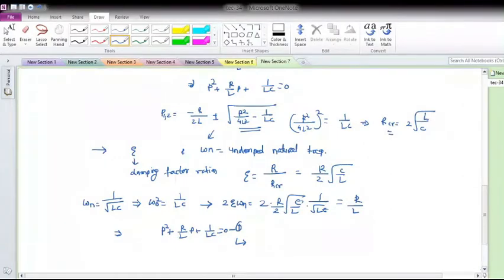So p square plus, with R by L replaced by 2 zeta omega n p, plus 1 over LC, which is omega n square, equal to 0.